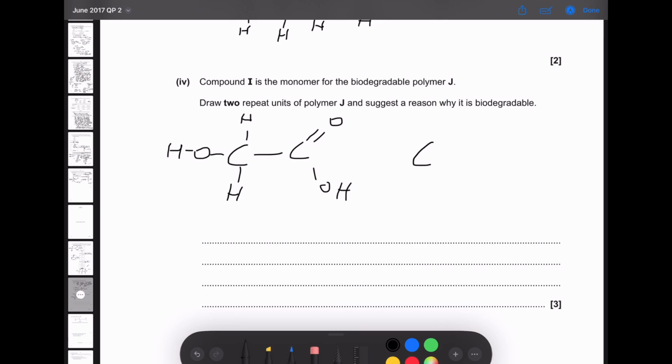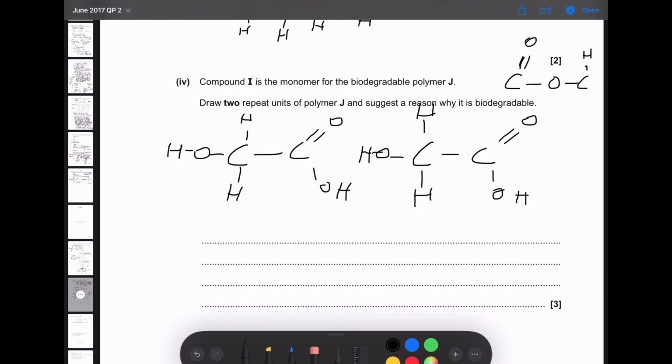So if we draw that again, what are we going to do to this molecule to form a polyester? Well, an ester contains the group C double bond O, O, C, like that.